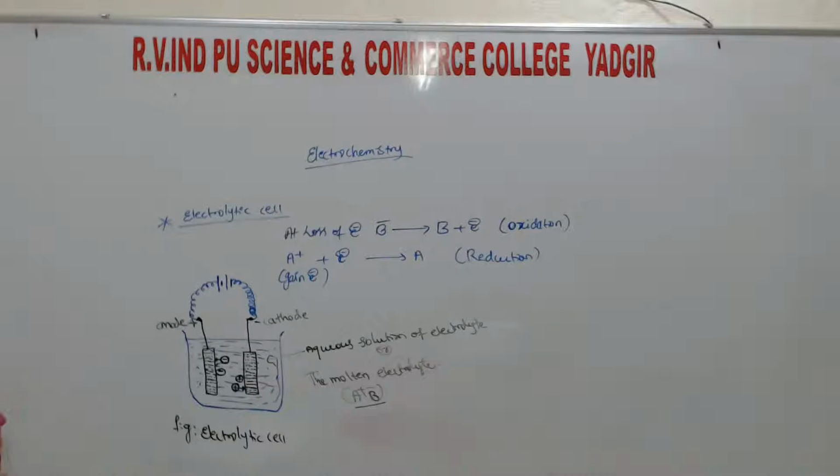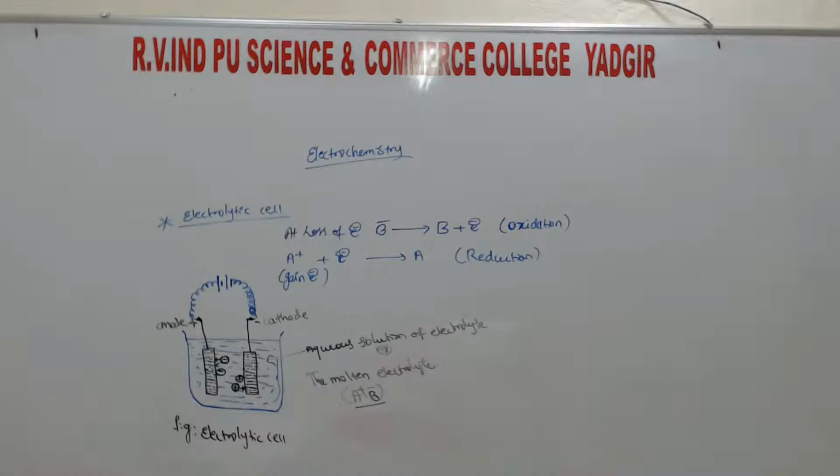The arrangement in which electrical energy is supplied to bring about a redox reaction, which is otherwise non-spontaneous, that is, to bring about the decomposition of the electrolyte, is called an electrolytic cell.